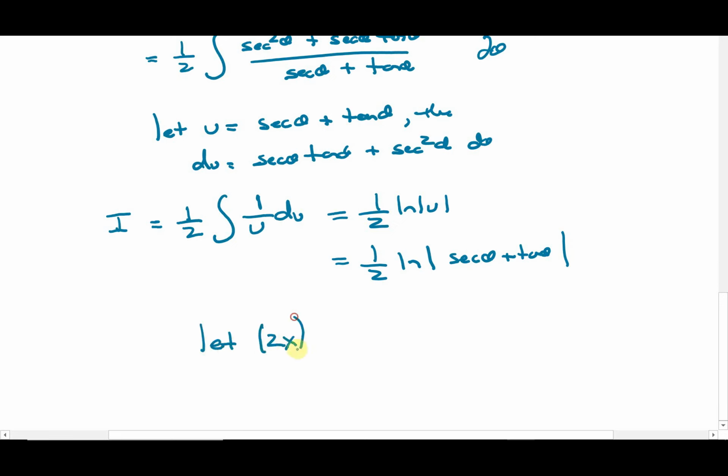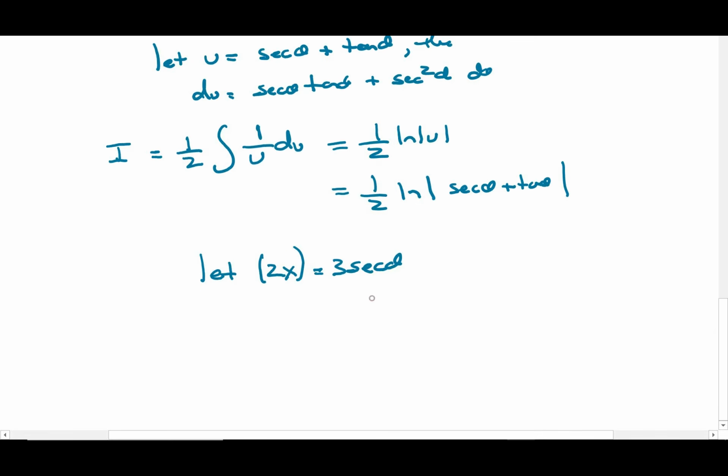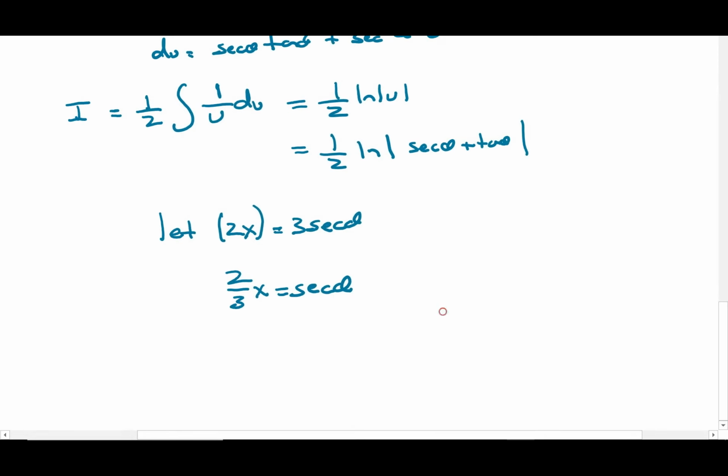And we notice that we let 2x equal 3 secant theta. So if we divide both sides by 3, we have 2 over 3 x equals secant theta. Then we have to take care of tan theta.